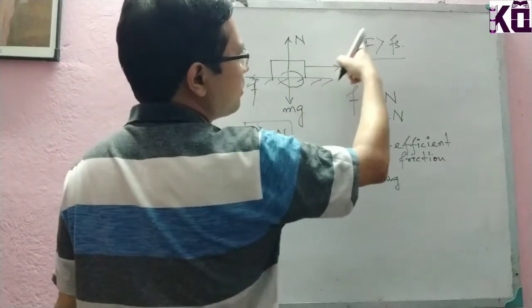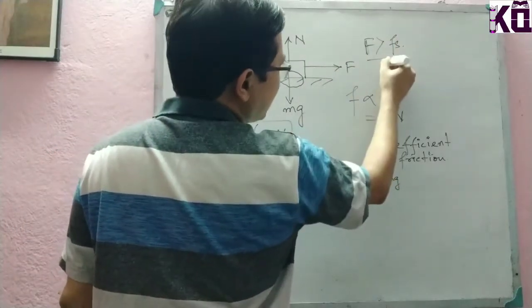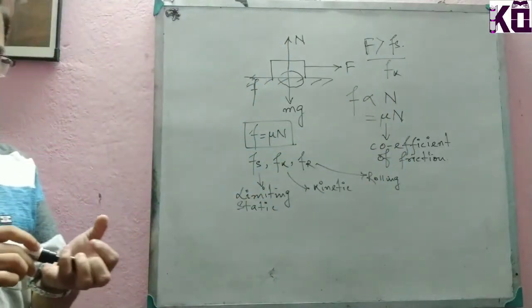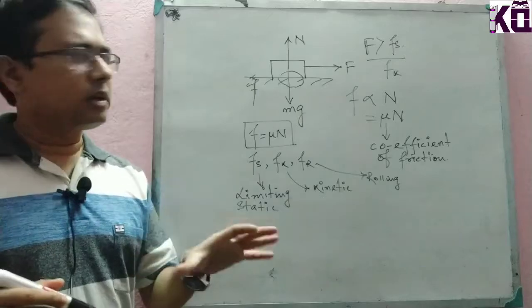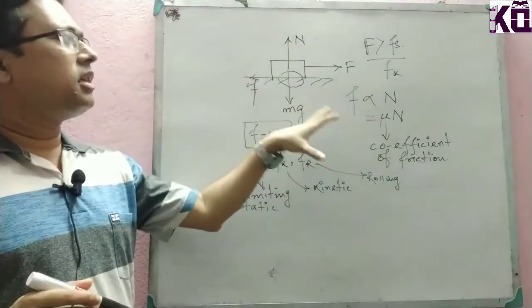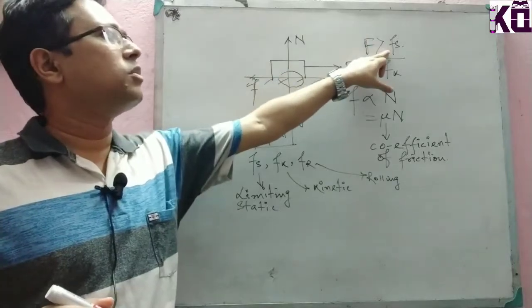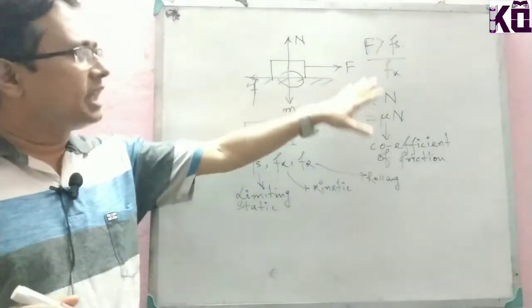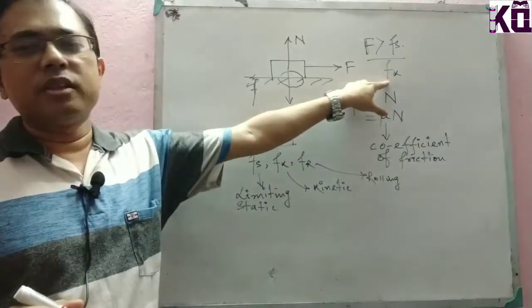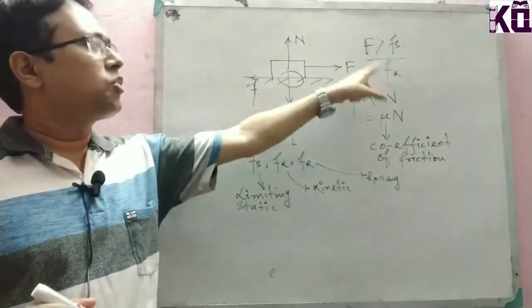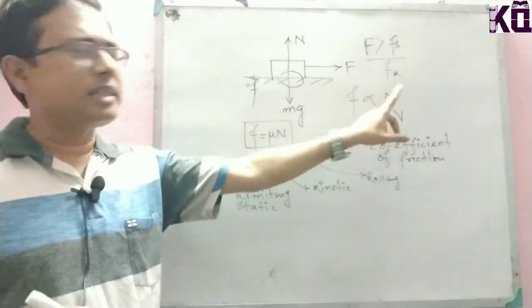So then there is the activation of this Fk. Initially there is no Fk, but when the body moves in a particular direction, with a force more than the limiting static friction, then there is the application of Fk. Unless and until there is movement of the body, there should not be any kind of Fk. That is the main part.